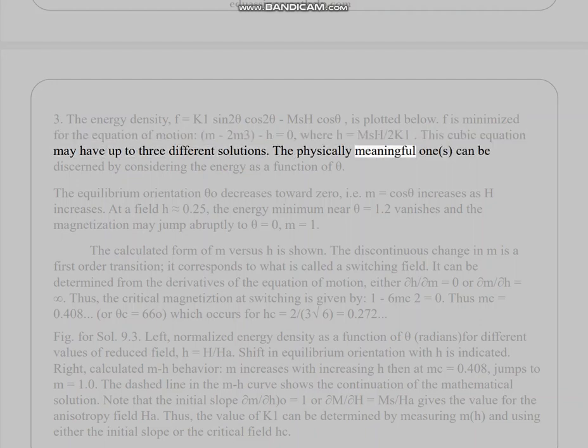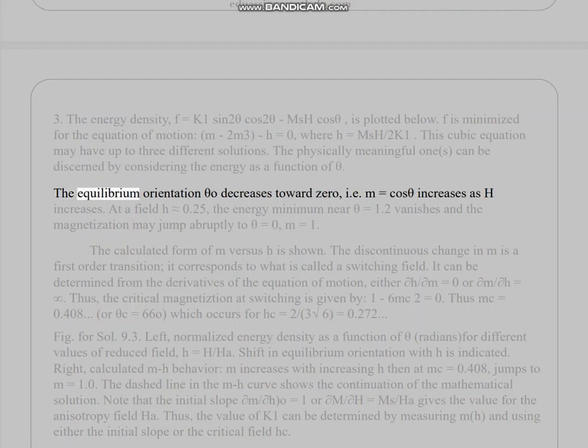The physically meaningful ones can be discerned by considering the energy as a function of theta. The equilibrium orientation theta decreases towards 0, i.e. m equals cos theta increases, as h increases. At a field h of approximately 0.25, the energy minimum near theta equals 1.2 vanishes and the magnetization may jump abruptly to theta equals 0, m equals 1.